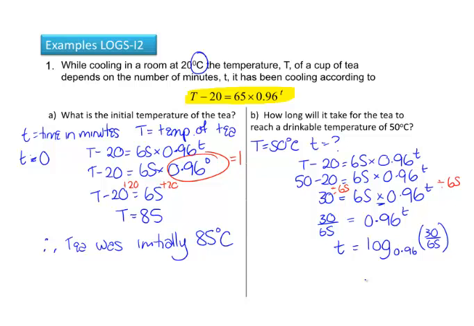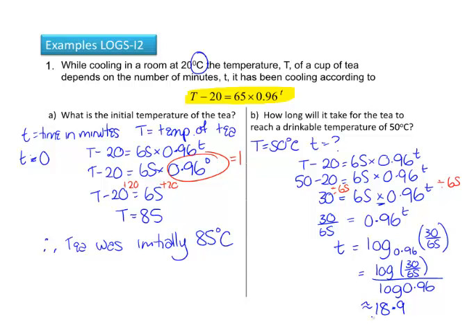To work that out, I need to convert it into a log of base 10 or a natural log. So I'm going to have log of 30 over 65 all over log of 0.96. Plug that into your calculator and you get approximately 18.9.